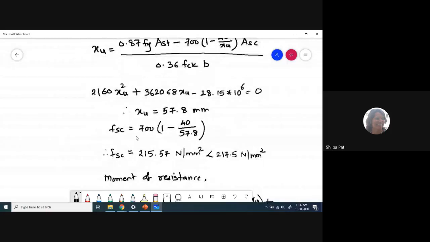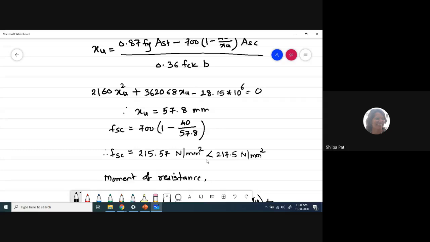Then we calculated the correct FSC value. See, the FSC value even after calculation will come less than 0.87 FY only. As per the requirement, if you refer back to the earlier lecture, the FSC value we have to limit always to 0.87 FY. The value should be either less than or equal to 0.87 FY.